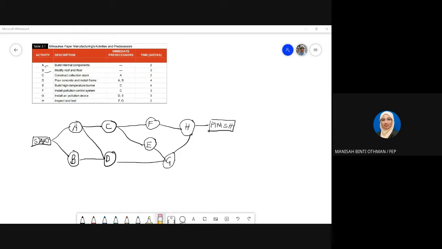Path means the way from start until finish. First, we have A, C, F, and H. That is one path.